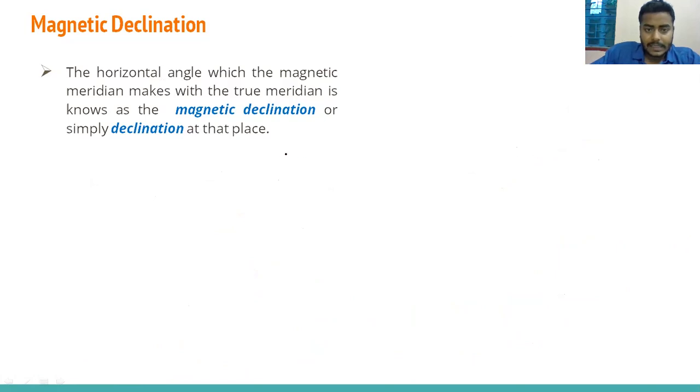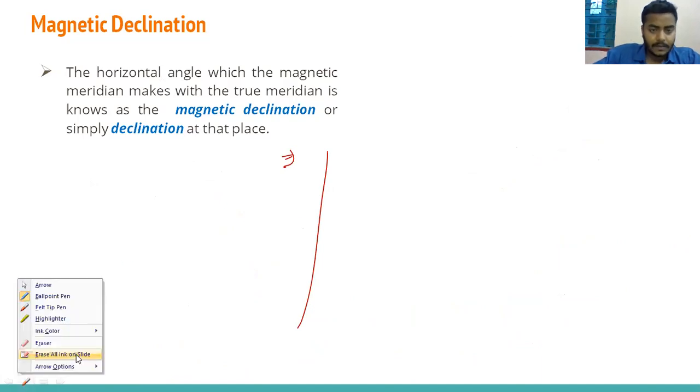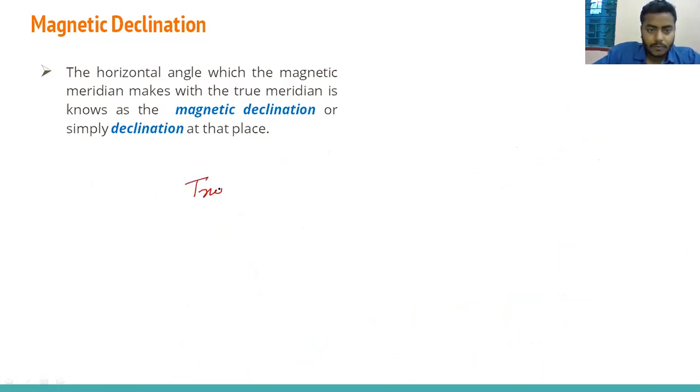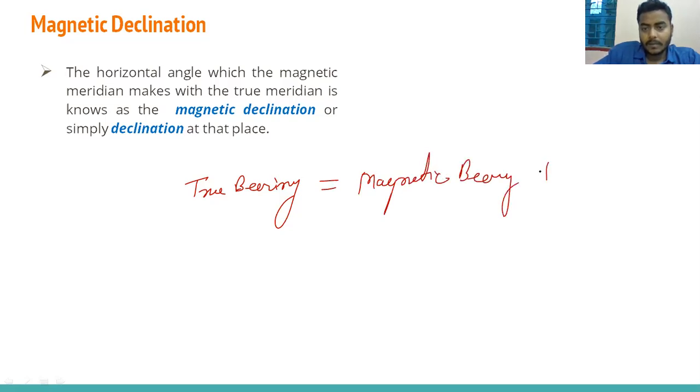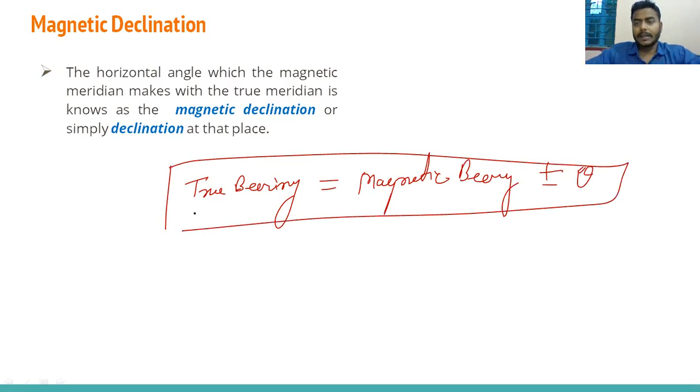We have seen both the cases, and you can remember like this: true bearing is equal to magnetic bearing plus or minus theta. Sometimes you can also see it written as plus or minus declination. What is declination?